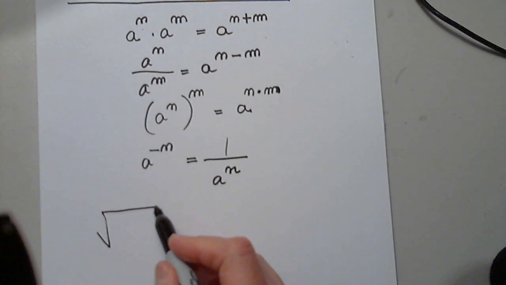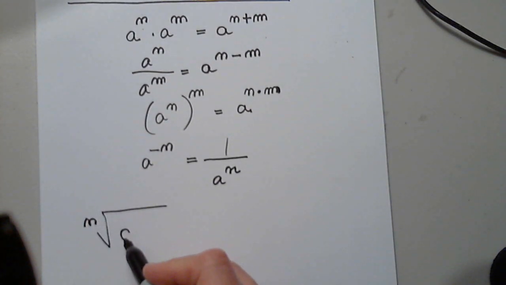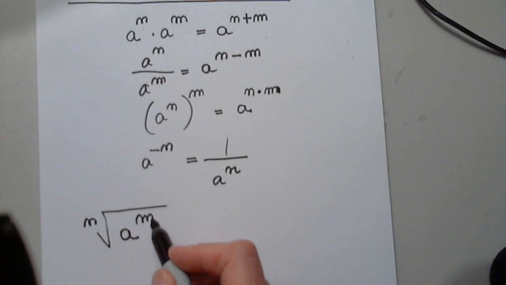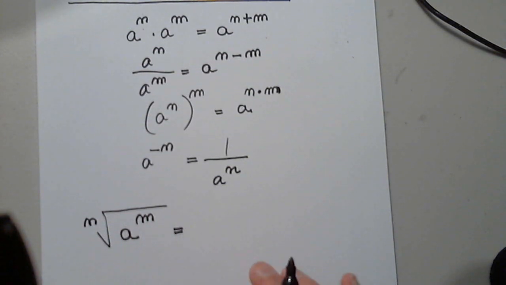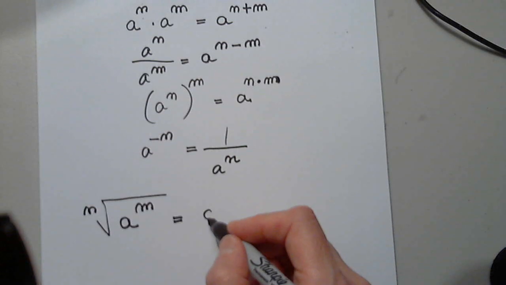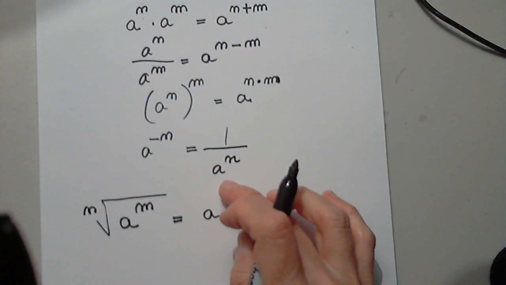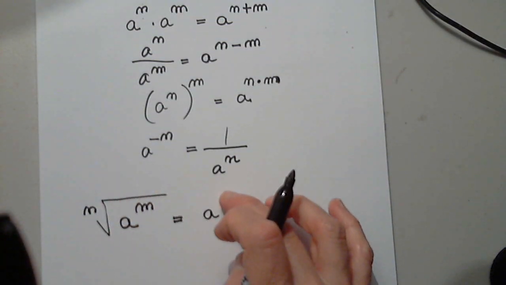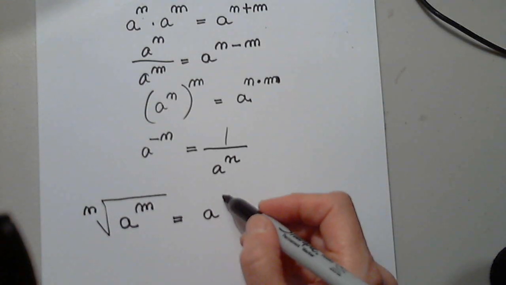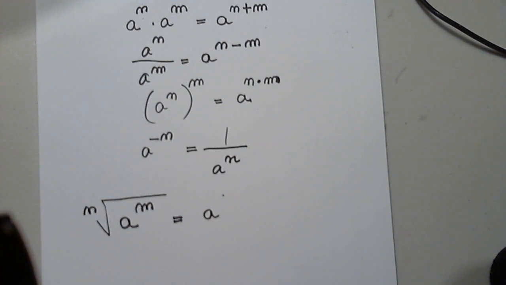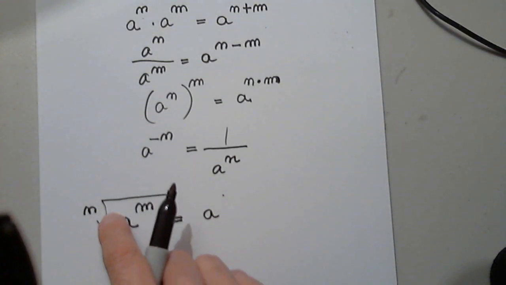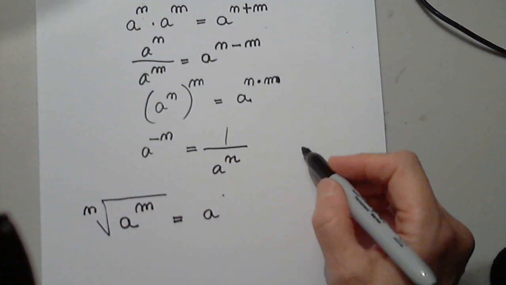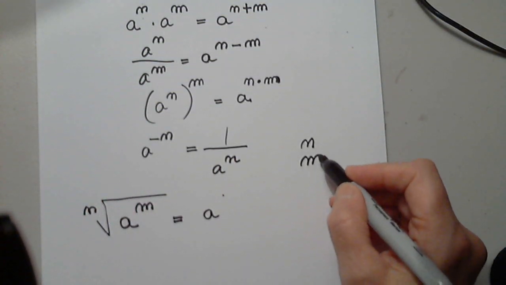What about the nth root of a to the mth power? Anyone remembers what this represents? A radical is a power. A raised to which power is the nth root? So this is n, and this is m.